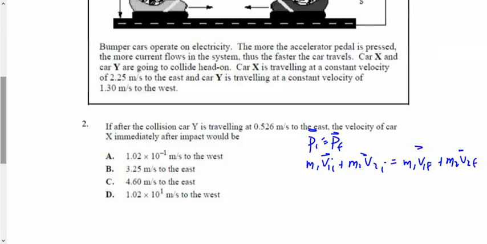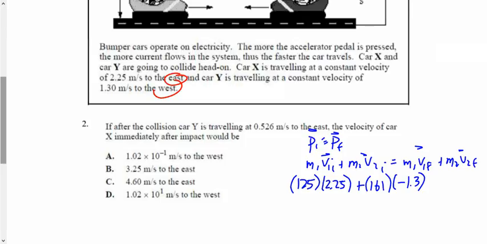If the bumper cars were the same mass, that would be great. They're not. We're told that bumper car number 1 has a mass of 125. V1I is 2.25. Mass 2 is 161 kilograms. V2I, be careful here, is negative 1.3. We really should have circled east and west here to remind us of that.